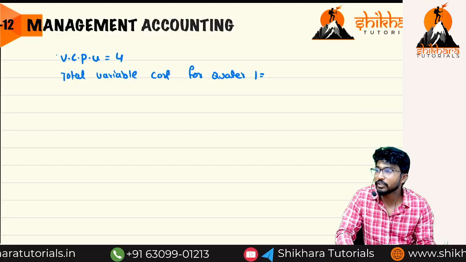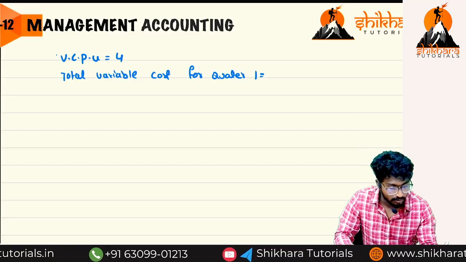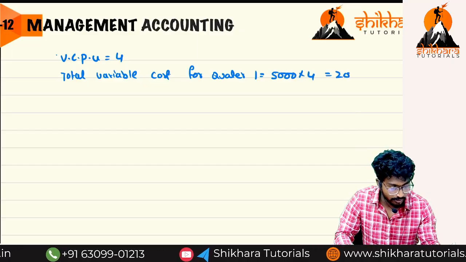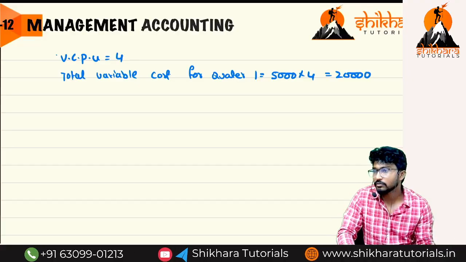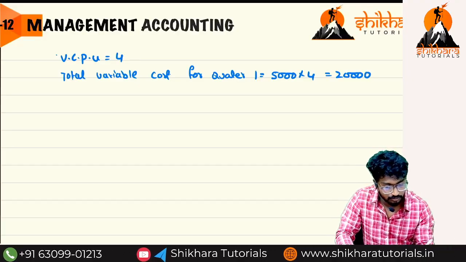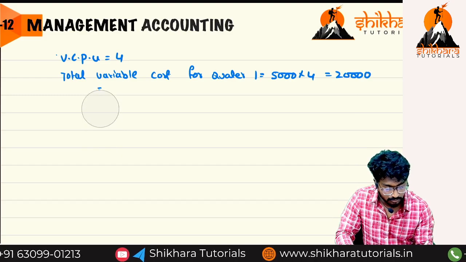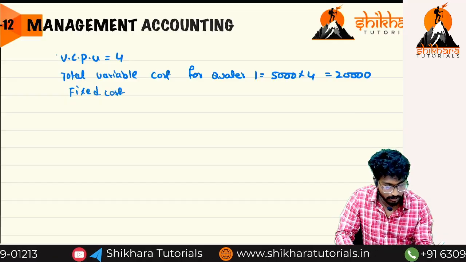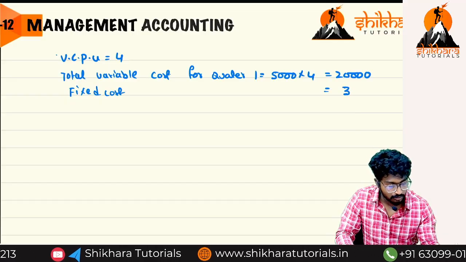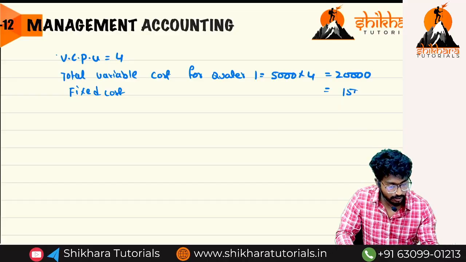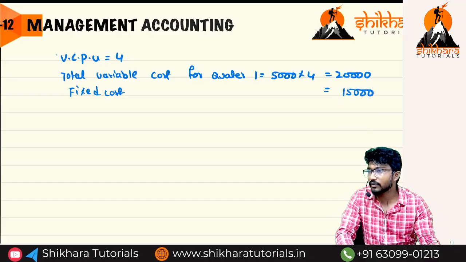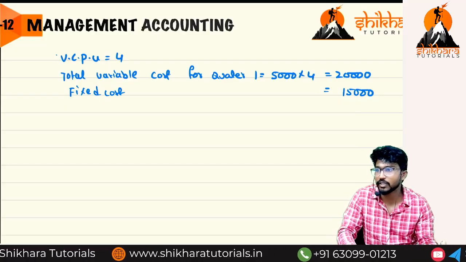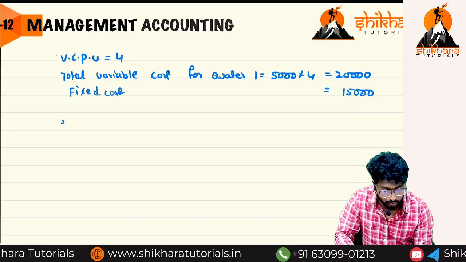How many units did we sell in quarter 1? 5,000. 5,000 into 4, 20,000. Then fixed cost. Total cost is 35,000. Out of 35,000, 20,000 is your variable cost. The balance 15,000 is your fixed cost for quarter 1.